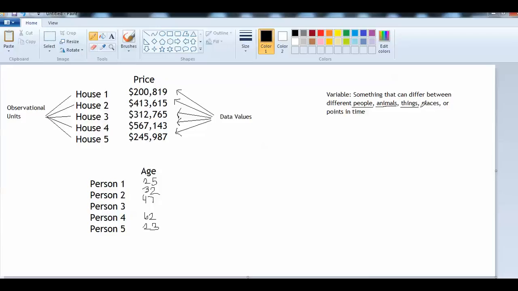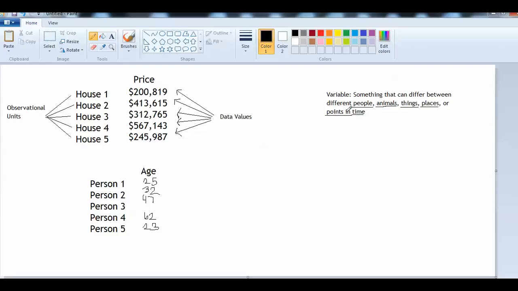What's something that varies across different places? Well, different cities have different populations, so population would be a variable. Different cities also have different elevations, so elevation would be a variable. What about different points in time?